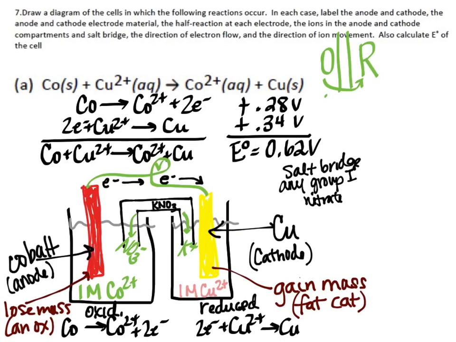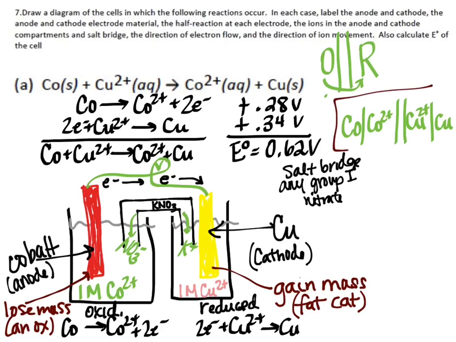So we put the metal, our cathode and anodes, on the outside. So our anode is cobalt, and its solution is cobalt 2 plus. And it is running to the copper, and its solution is copper 2 plus. So that is the shorthand way of writing what we just drew. Very short.